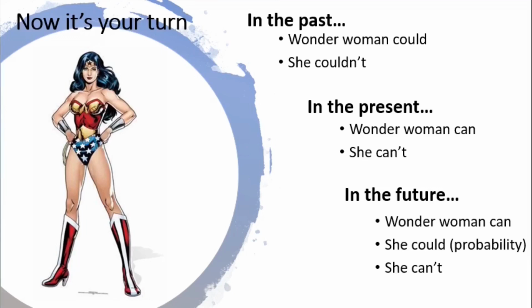In the present, Wonder Woman can lasso people with her magic lasso and make them tell the truth, but she can't draw pictures very well. In the future, Wonder Woman can help fight crime by joining the Justice League. She could protect humanity, but she can't dance very well.